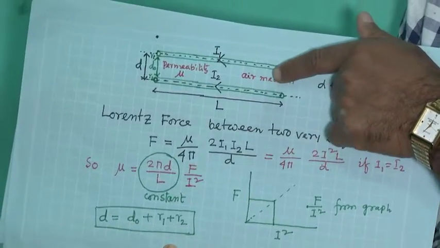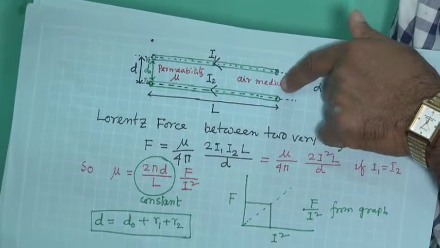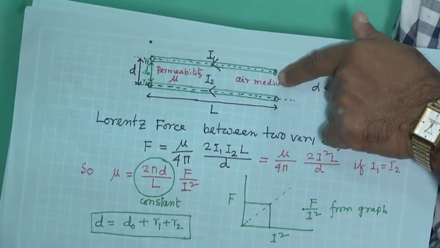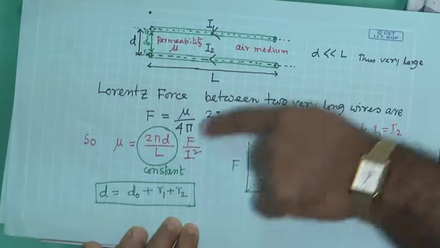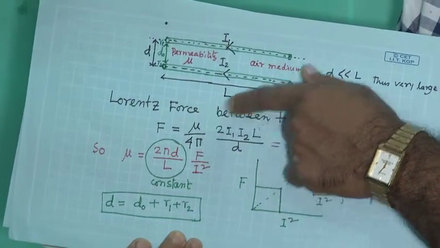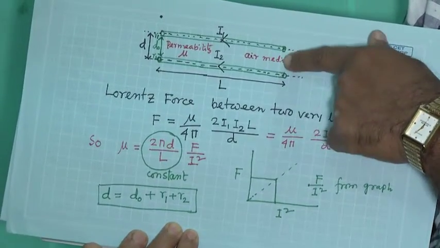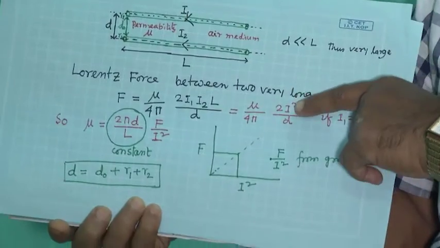That is why this concept will be used to measure the permeability of air, right. So, in this formula, this mu is the permeability. Here the medium is air, so the permeability is mu of the air, right.